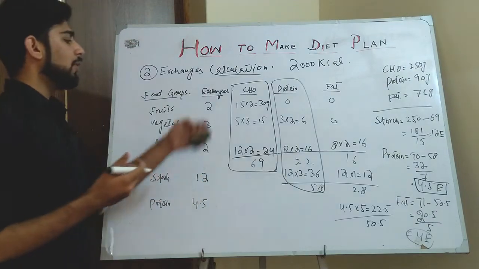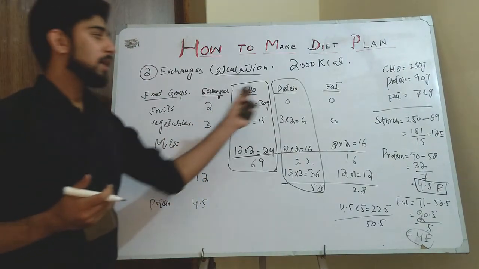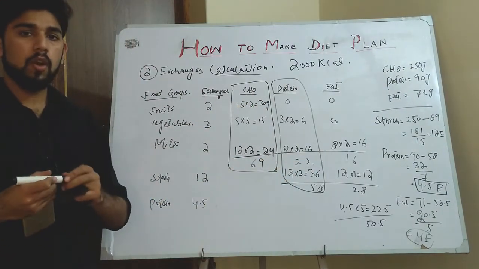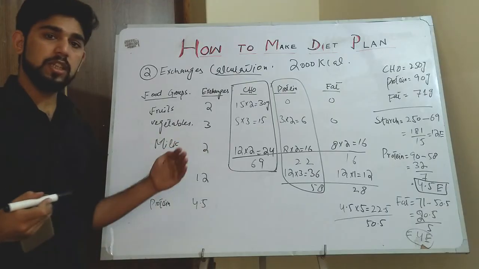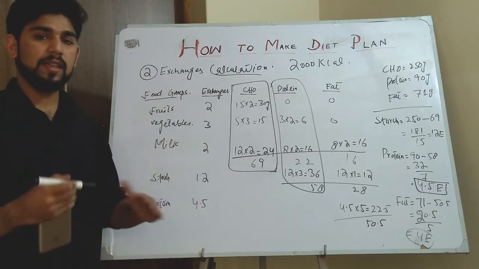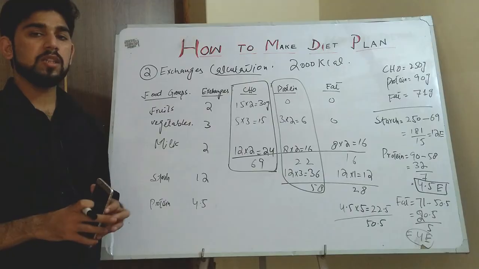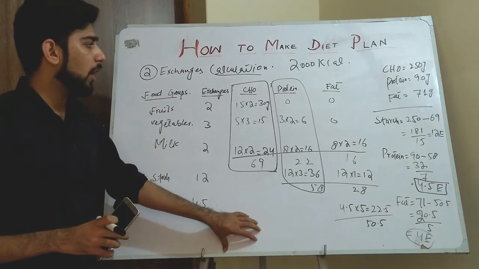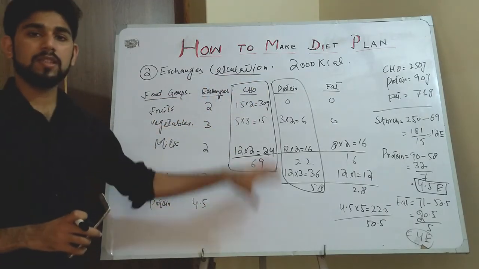So in this way we will calculate the exchanges, and now we have to put exchanges into the diet plan. In the next section we'll discuss how we can make a diet plan by using all these exchanges.